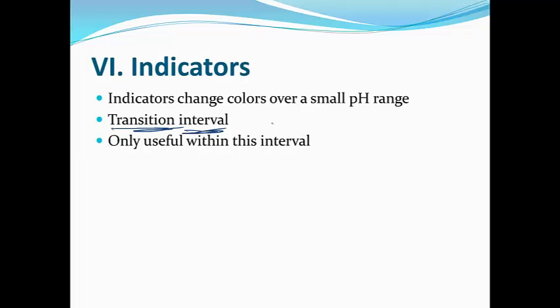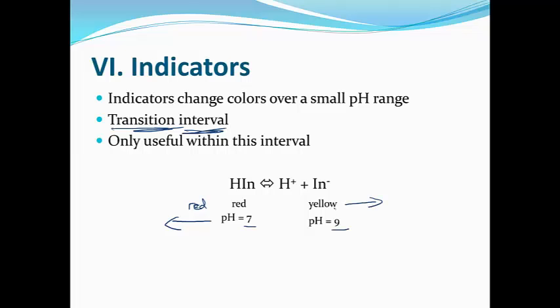Now, the indicator is only useful within this transition interval. Let's say this indicator only changes color between pH 7 and pH 9. Anything less than 7, it will not keep changing color. It will always be red. If the pH is above 9 for this indicator, it won't keep going from yellow to green to blue to indigo to violet.